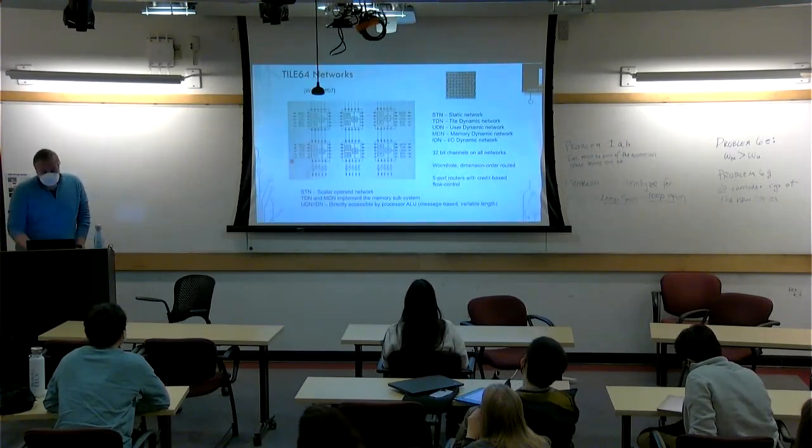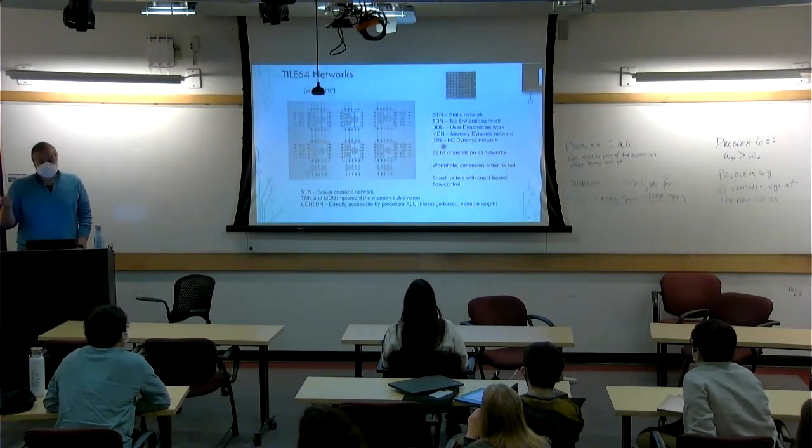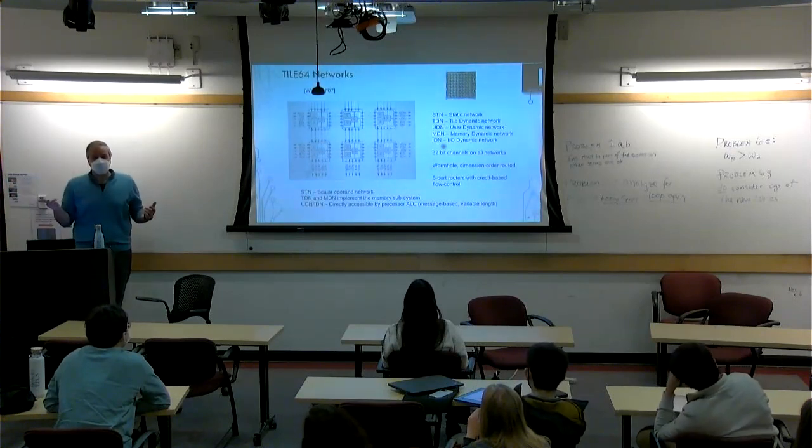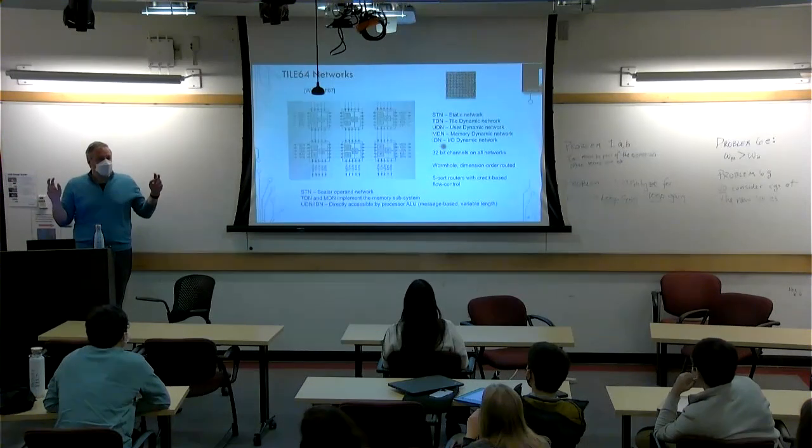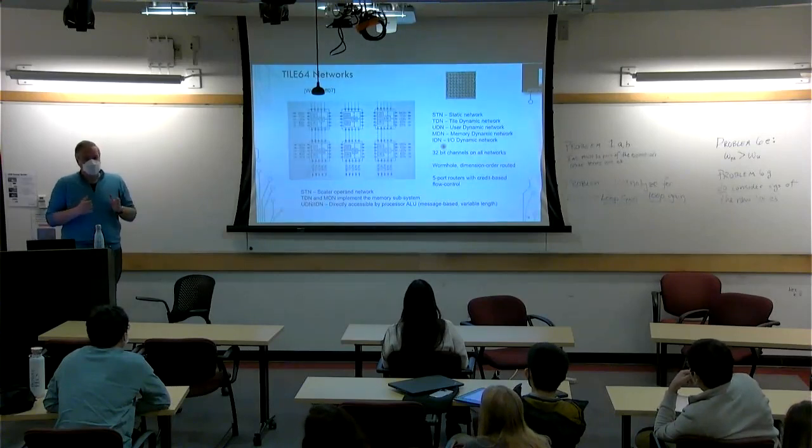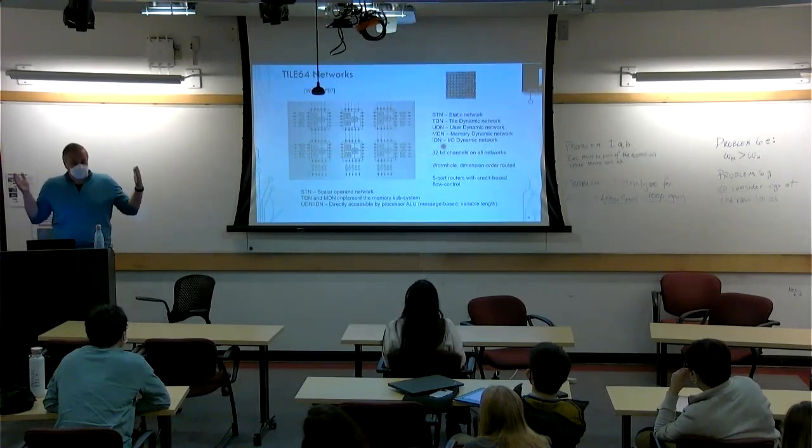But as you see here, they have 5 different types of networks. The static network is kind of like VLIW or pre-compilation. You have a data flow graph, so for something like AI training, you can pre-compile the whole traffic pattern from start to end of the application.